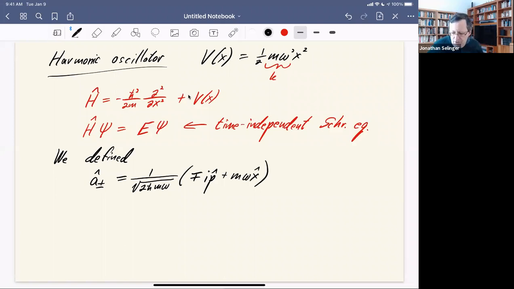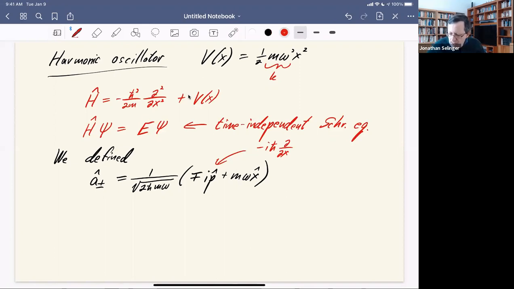In this notation, the plus or minus here corresponds to the minus or plus there, right? So this is two equations in one. The top sign goes with the top sign, and the bottom sign goes with the bottom sign. Also, in this notation, the operator p means minus i h bar d by dx.